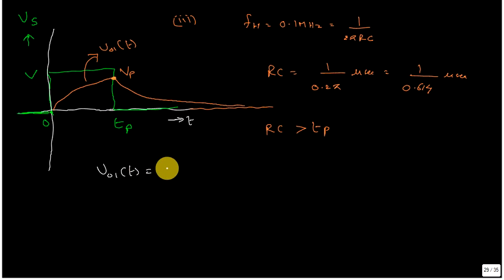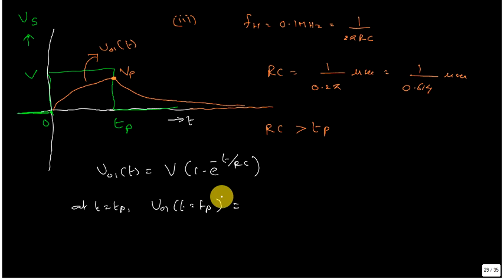V01 of t means Vf minus V final. Already we have seen V into 1 minus e power minus Tp by RC, e power minus t by RC. After going through this, at t equal to Tp, V01 at t equal to Tp is termed Vp.